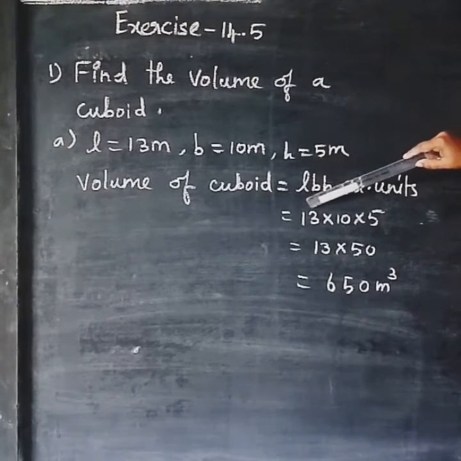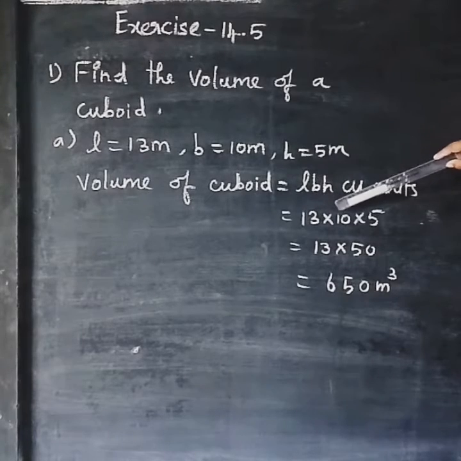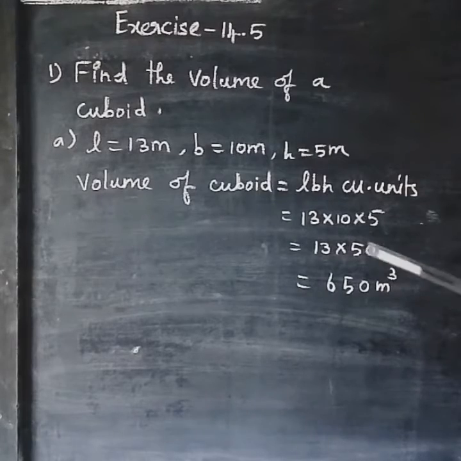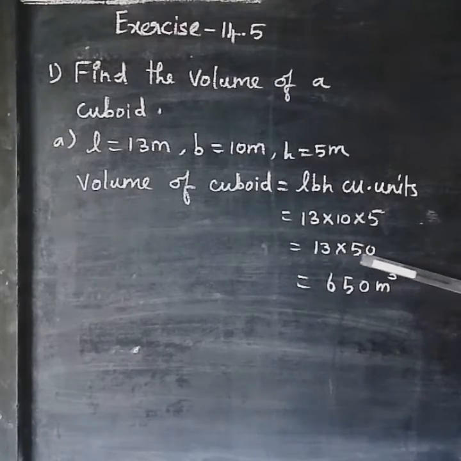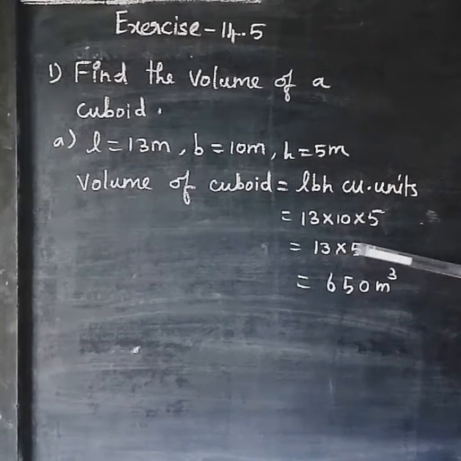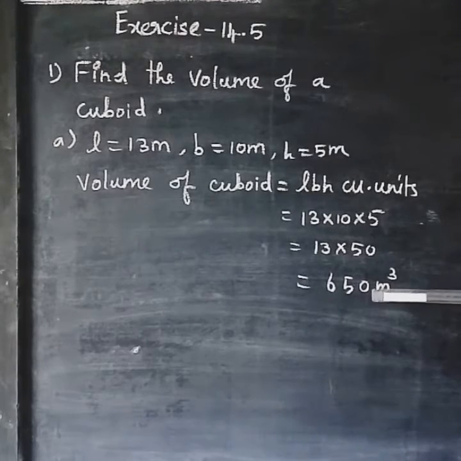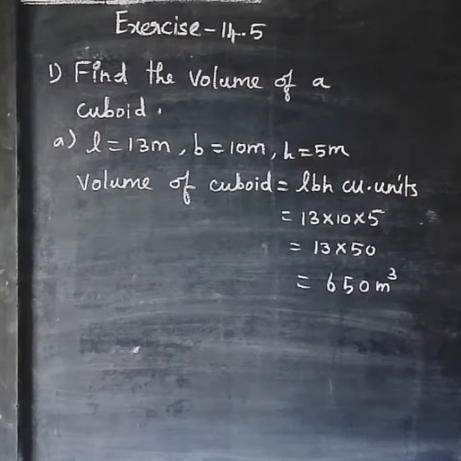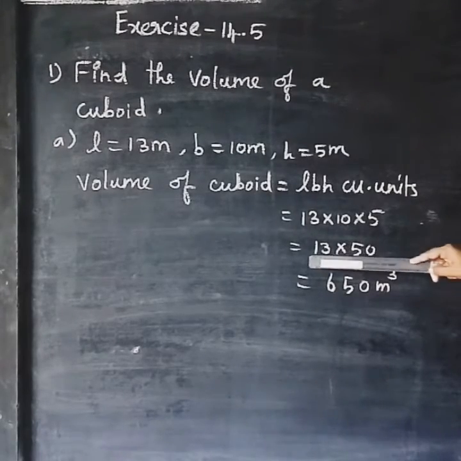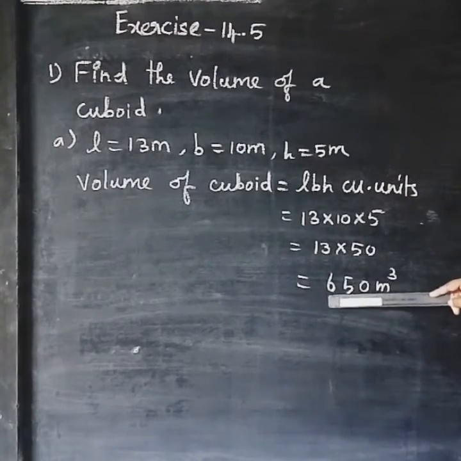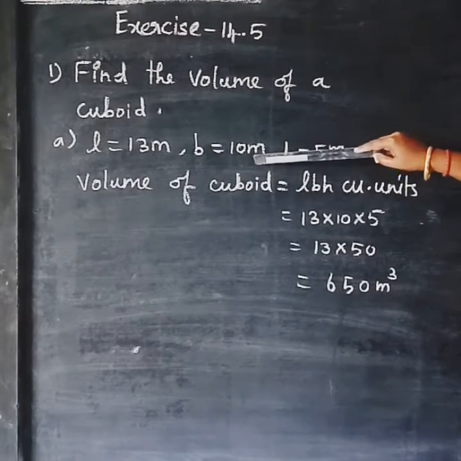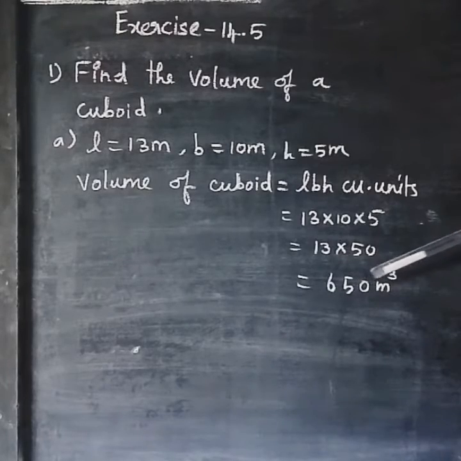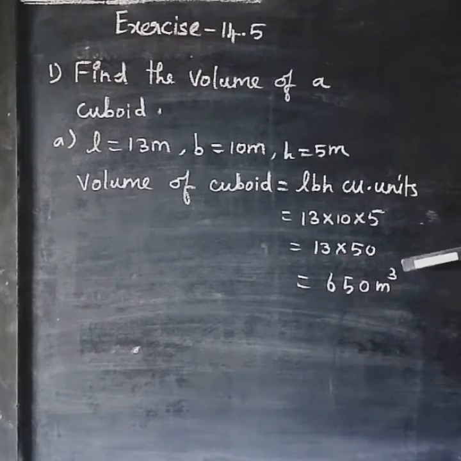See listen, length is equal to 13, breadth is equal to 10, height is equal to 5. 10 5s are 50, 13 into 50, write 0, 5 3s are 15, write 5, remaining 1, 1 5s are 5, 5 plus 1 is 6. So volume of a cuboid equals 650 meter cube. Clear ma?